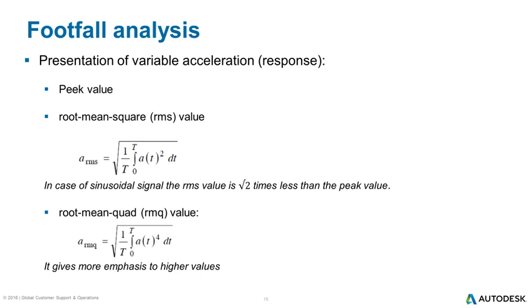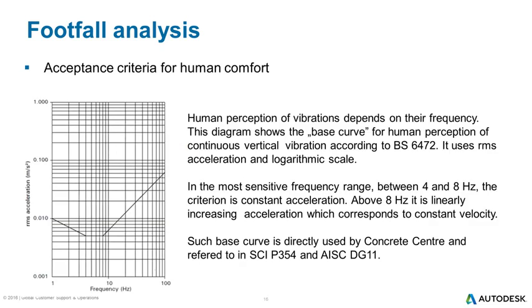In case of a sinusoidal signal, the RMS value is square root of 2 times less than the peak value. Another way of presenting the variable response, which gives more emphasis to higher values, is the root mean quad, or RMQ. This value is calculated according to the bottom formula shown on this slide.